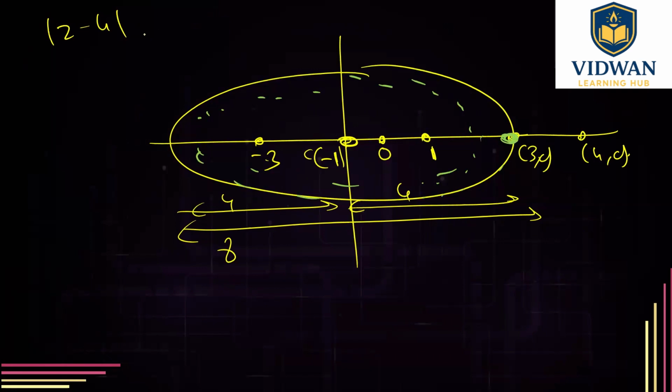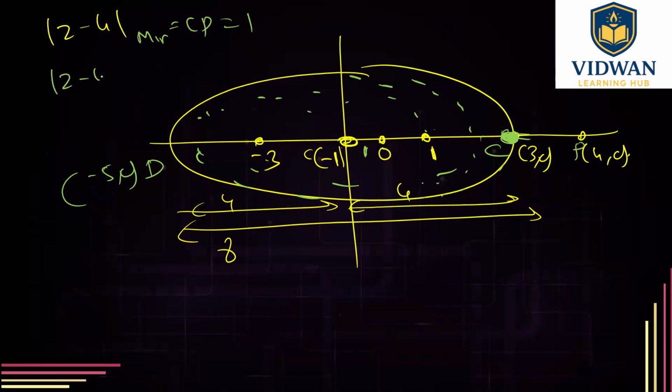So mod of z minus 4, if I want the minimum value, like for example, if I know these points, say C and D. So what is this point? From here it is 4 units, from origin it is 5 units because it is 1 unit. So this is -5, 0. So Z is one of the points either inside the ellipse or on the ellipse. The point closest to 4 is this one, C. So if this is some P, then Z minus 4 minimum would be the distance CP, which is 1 unit.